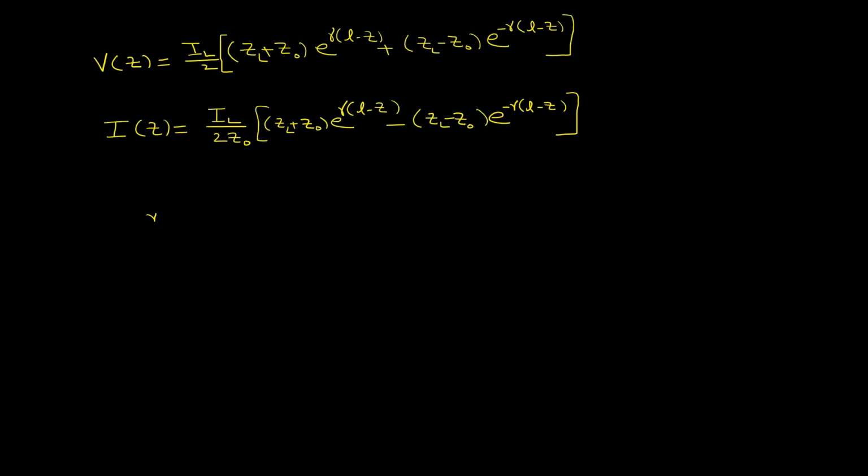Let us say this equation is 3 and this equation is 4. We have already marked equations 1 and 2. Now here, if you go through the transmission line figure we have drawn.